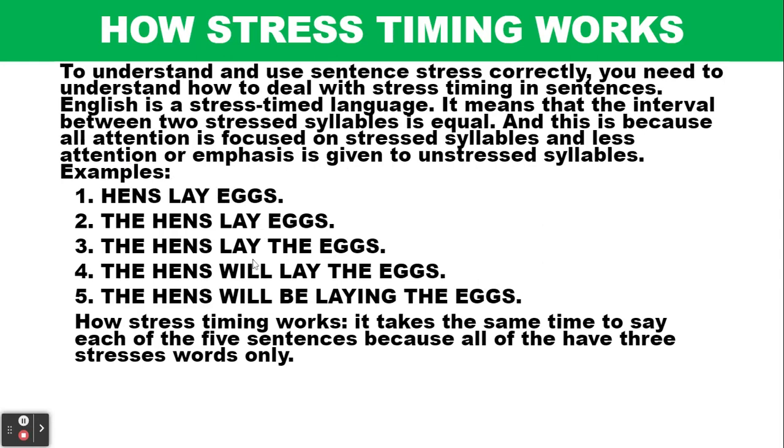This is exactly how stress timing works. The time it takes us to say hens lay eggs is the same time it takes us to say the hens lay eggs. The same time is required to say the hens lay the eggs, the hens will lay the eggs, the hens will be laying the eggs.